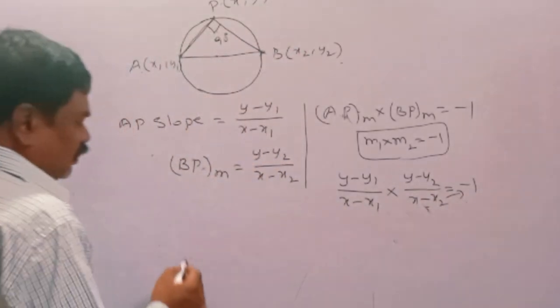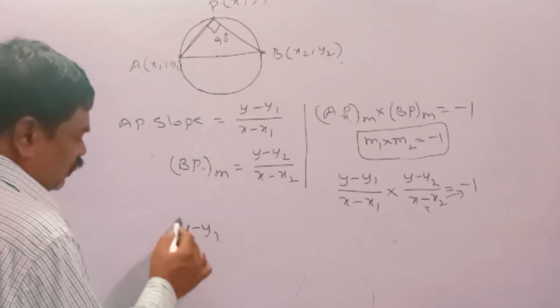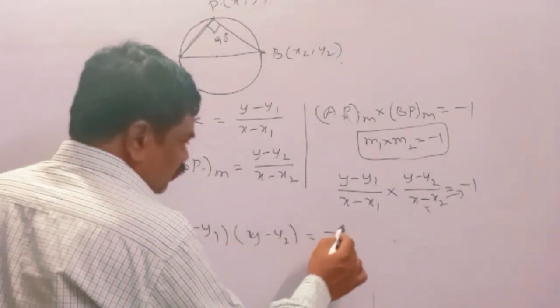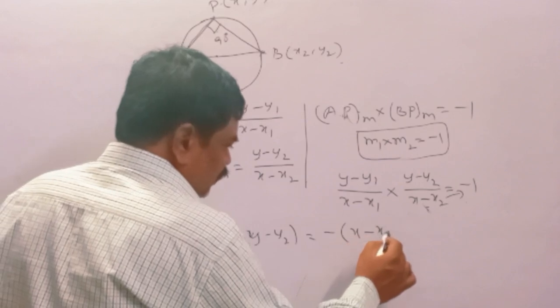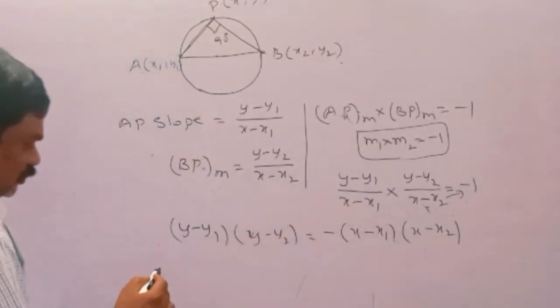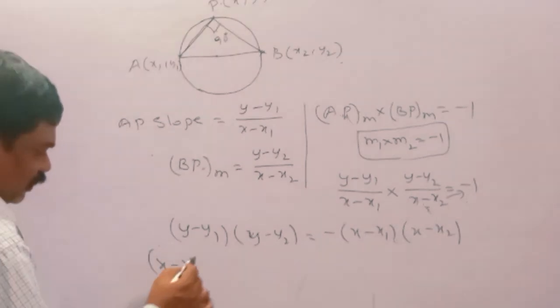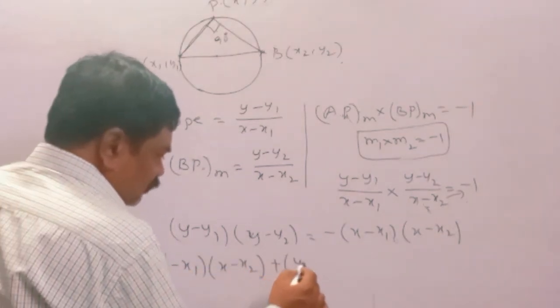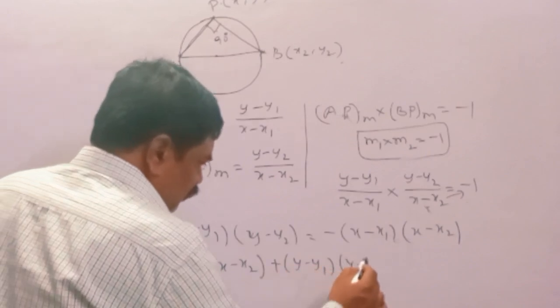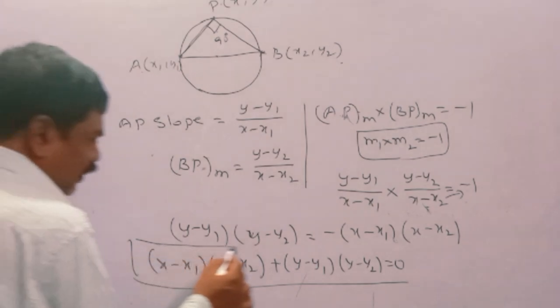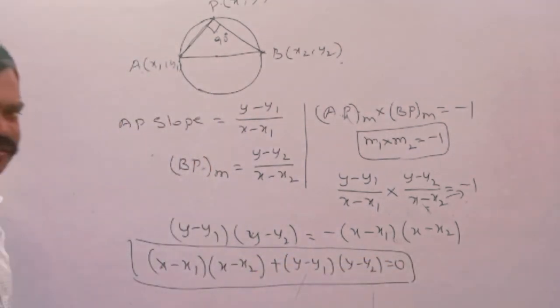By cross multiplication, y minus y1 into y minus y2 is equal to minus of x minus x1 into x minus x2. You can take it to this side: x minus x1 into x minus x2 plus y minus y1 into y minus y2 equal to 0. This is the circle equation.